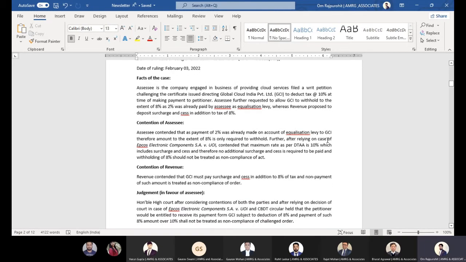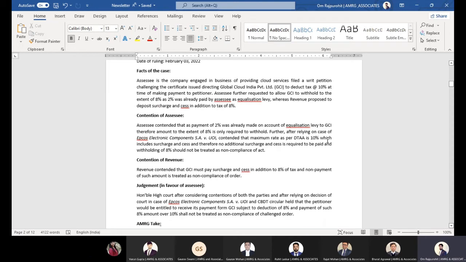The High Court in the writ petition decided in favor of SSC and held that since 2% has already been withheld or paid to the government in the form of equalization levy, the remaining 8% should be withheld, and there will be no additional burden of surcharge and cess since the rate applicable is DTAA and not the Income Tax Act.